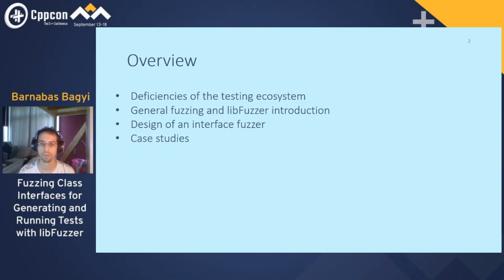Then, we will go through the design of using these to create a newer testing method which is meant to test our classes based on their interfaces only. Then we will finish off seeing the results we've achieved with this interface fuzzer in two brief case studies.